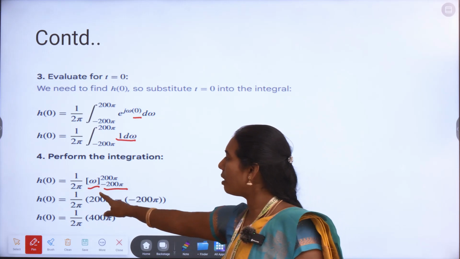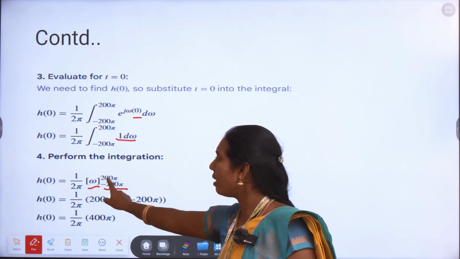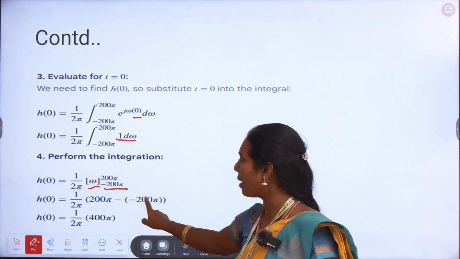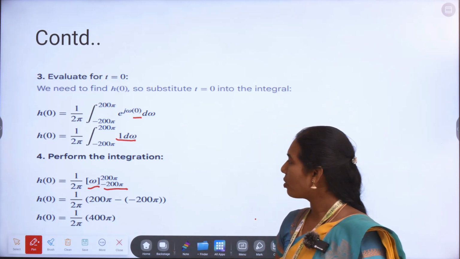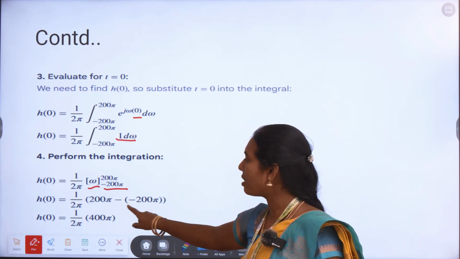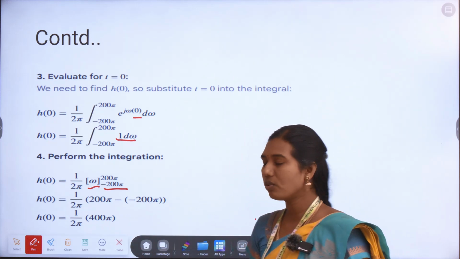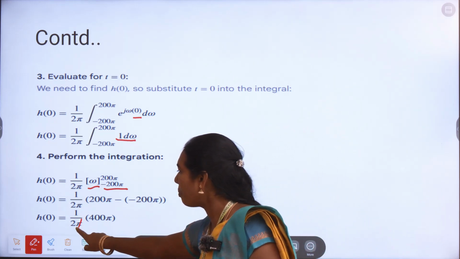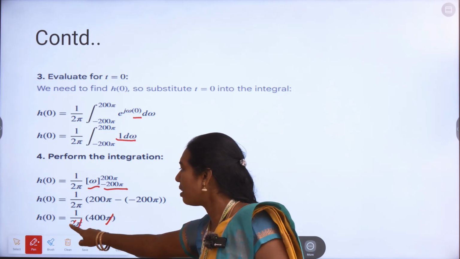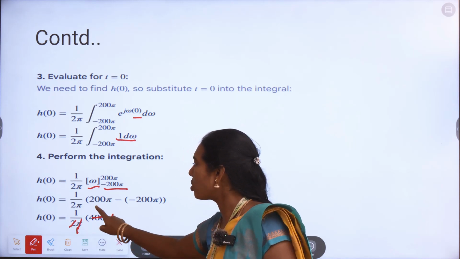Substituting the limits, it will become 1 by 2 pi times 200 pi minus of minus 200 pi. Here minus into minus is equal to plus, this will give 400 pi. Cancelling the numerator and denominator, pi and pi get cancelled, and this 2 with 400 gives 200.